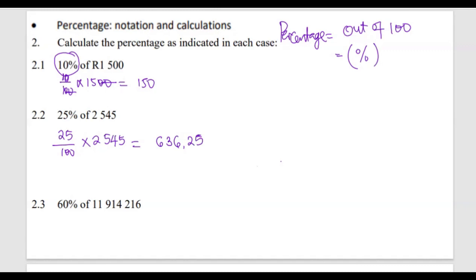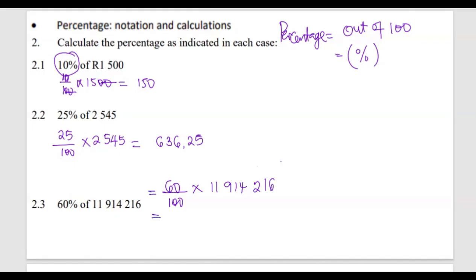Then we look at 60% of 11,914,216. So this one will be 60 over 100 times 11,914,216.